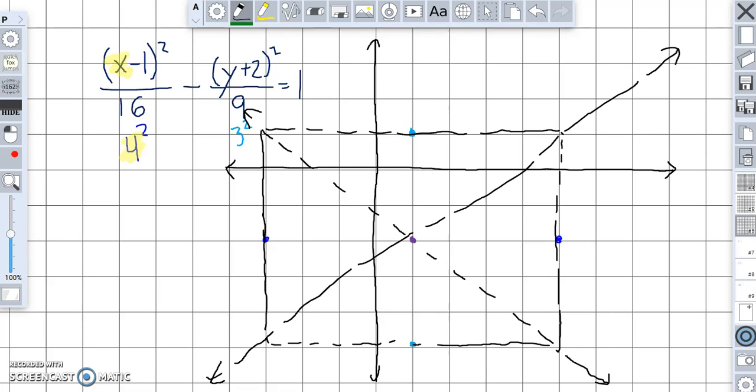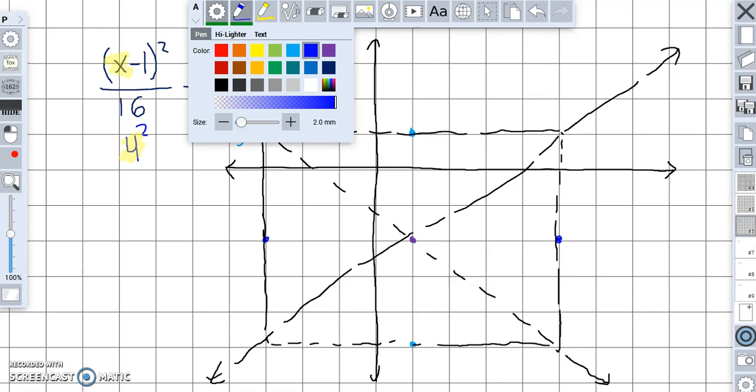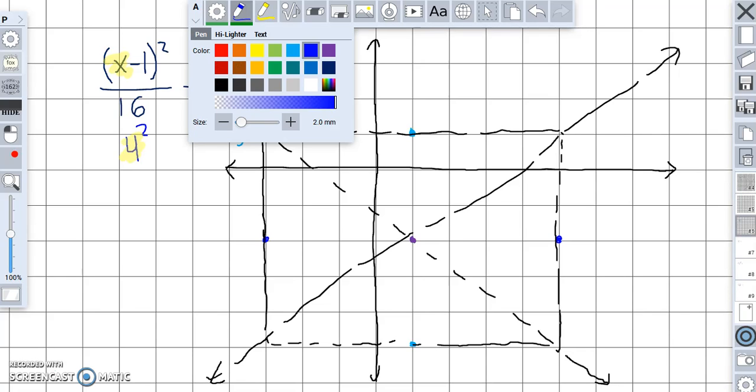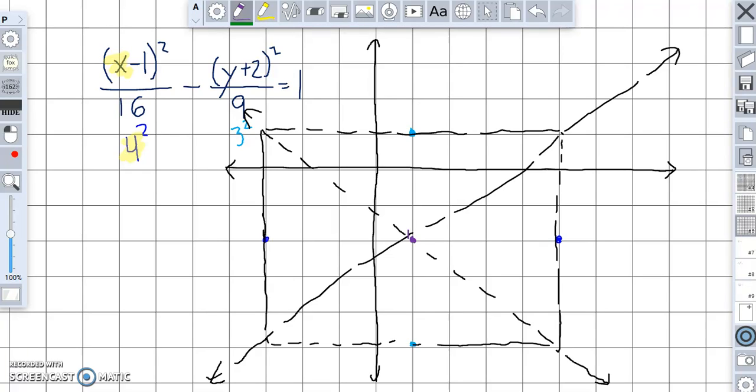I'm going to figure that out using the point-slope form for a line. I'm going to find the slope of each asymptote and a point that it goes through, and then use point-slope. It looks like this line rises 3 and runs 4, so it has a slope of 3/4.